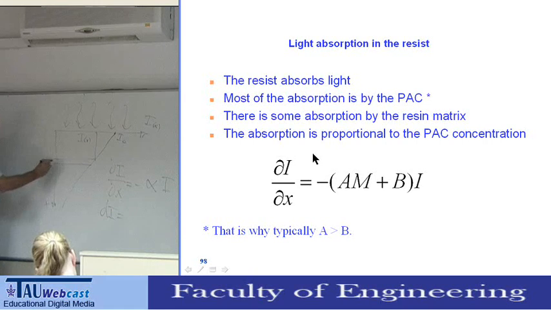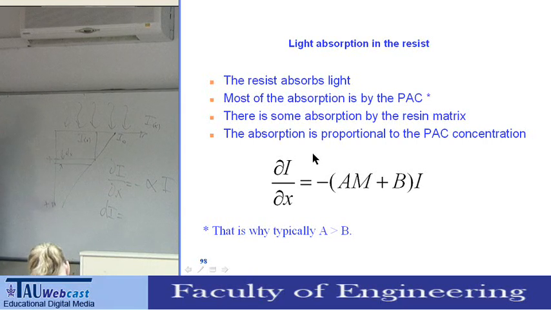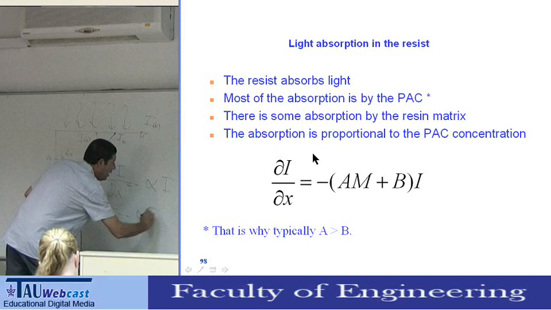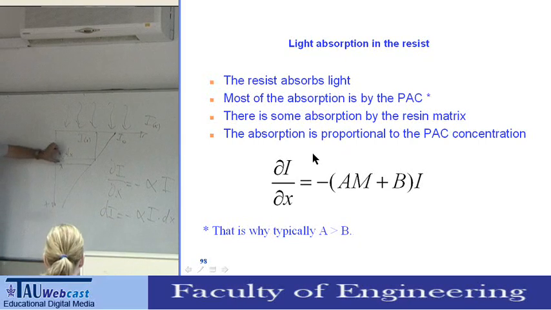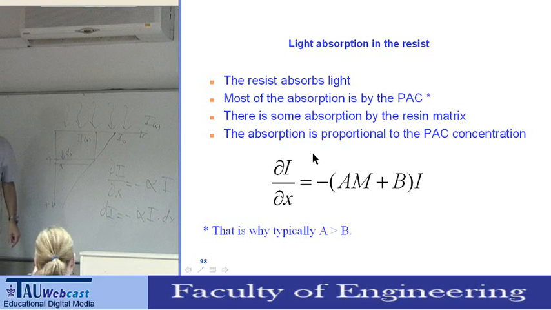You can also write it as dI, the amount absorbed. If I take a slice here, which is dx, the amount of light absorbed in this slice is equal to minus alpha I dx. This is the meaning of this differential equation. It means the amount of light absorbed is a function of the intensity, but also a function of dx, which is the absorption depth.